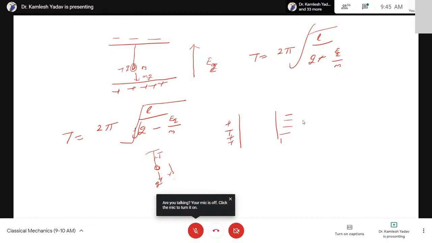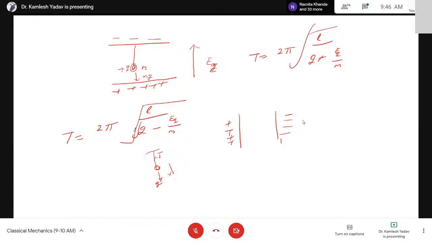The net tension produced in this will change the behavior of the system, whether the time period will increase or decrease, and that depends upon the electric field direction which you have applied on the pendulum. Oscillation is due to tension.